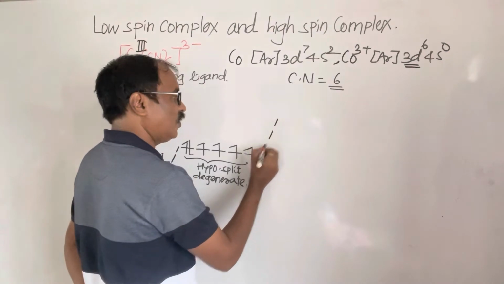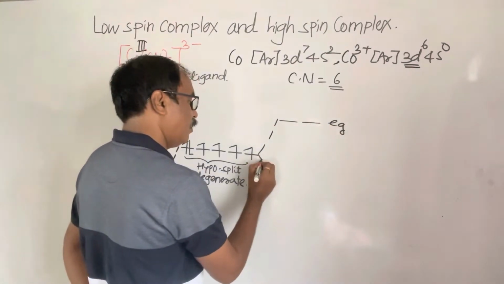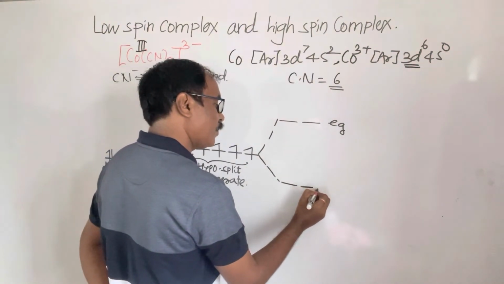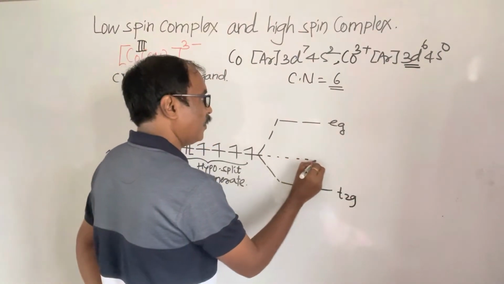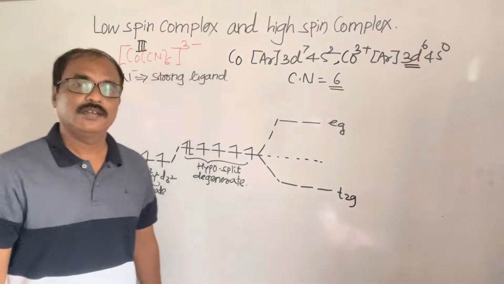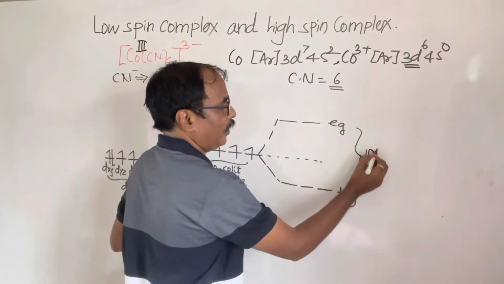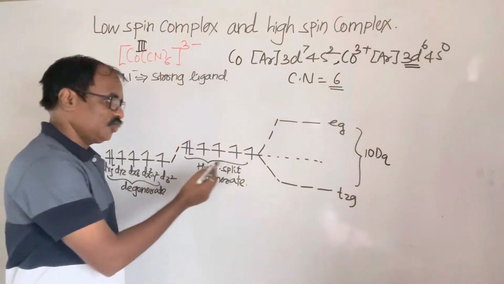Now the actual splitting of d atomic orbitals. We know that the energy of Eg increases because this is octahedral geometry, and the energy of T2g decreases, with respect to the barycenter. This gap is 10 Dq. Now tell me the position of electrons here.